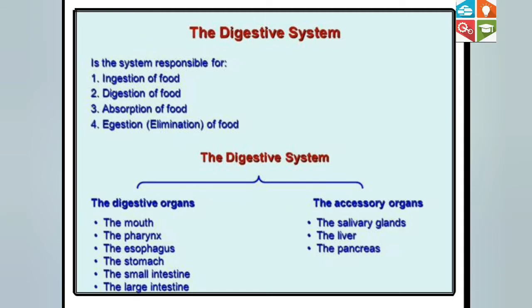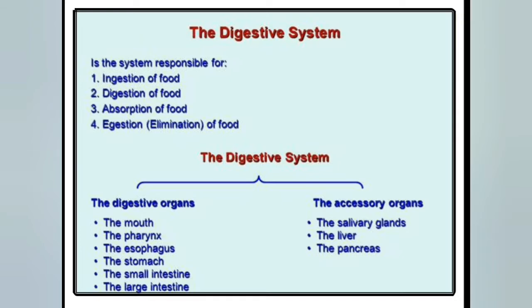The digestive system can be divided into two parts mainly. One is the digestive organs and the other is the accessory organs, which are present in addition to the digestive organs. When you see the digestive organs, first comes your mouth, pharynx, esophagus, stomach, followed by the small intestine and large intestine. These are called digestive organs.